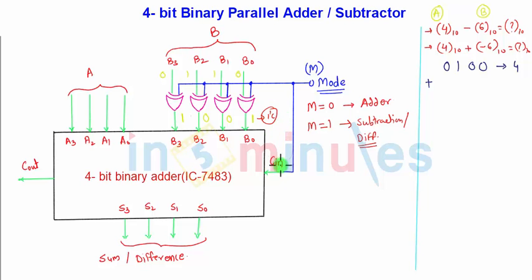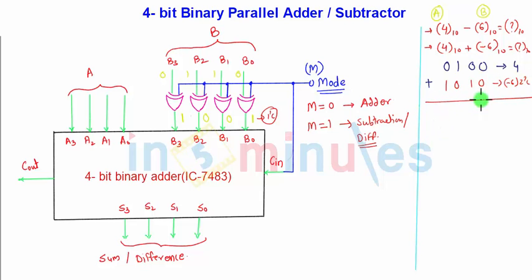But due to Cin equal to 1, 1 will be added to 1 0 0 1, and the answer will be 1 0 1 0, that is nothing but minus 6 in 2's complement form.